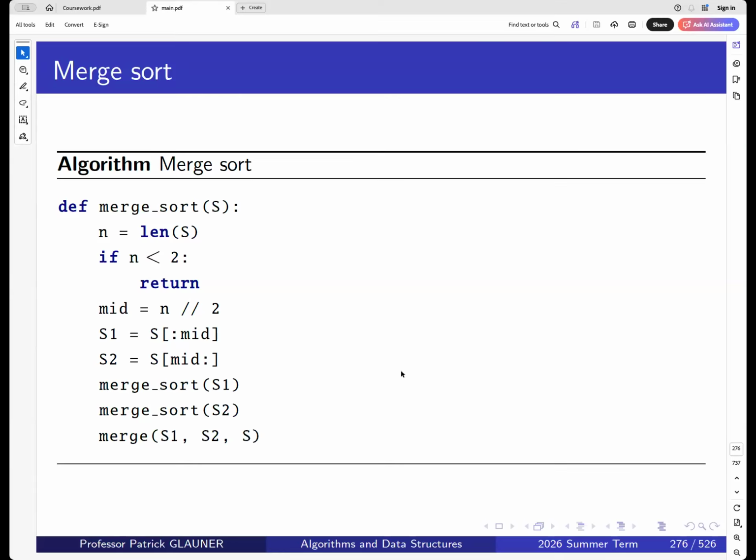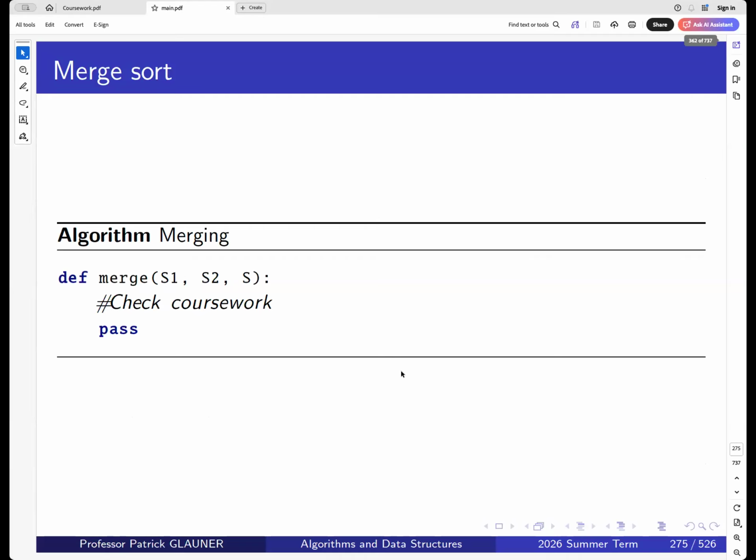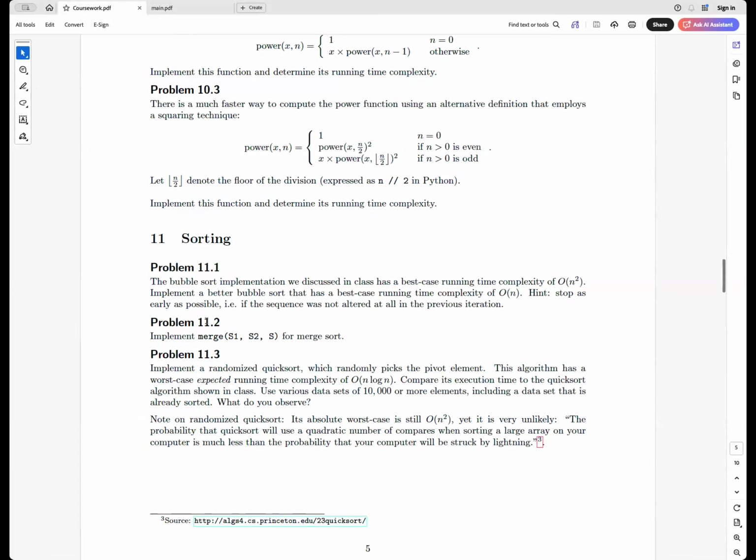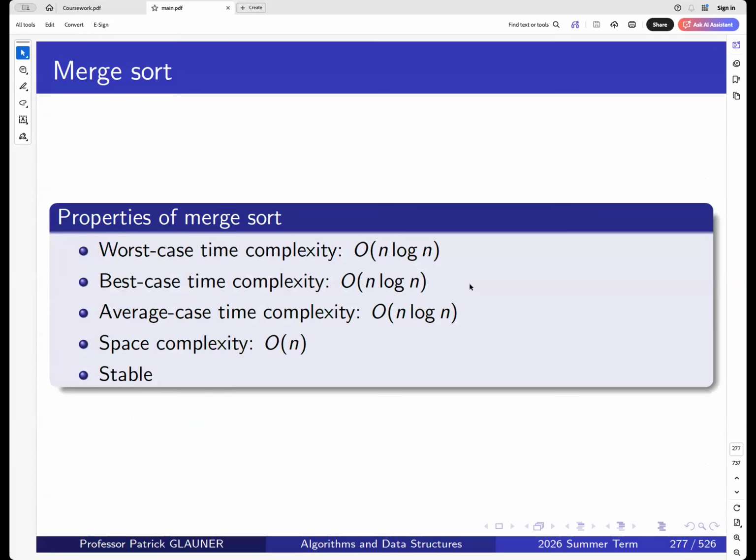So the slides show this merge sort implementation. The slides don't show the merging. That's your coursework 11.2. And so what is the running time complexity of merge sort? The good thing is that the worst case, best case, and average case are all n log n.